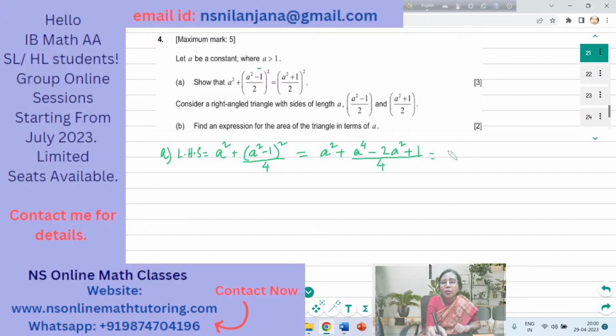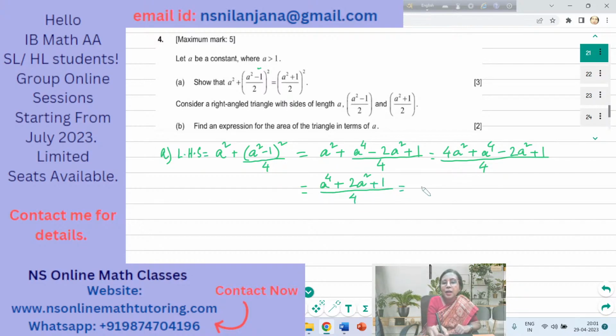So this is A square plus A to the power of 4 minus 2A square plus 1 over 4. Okay. Which is equal to A to the power of 4 first, A square minus 2A square is plus 2A square, plus 1 over 4.